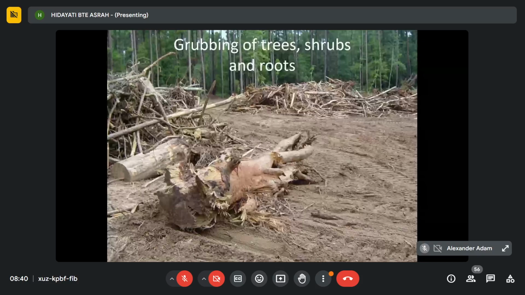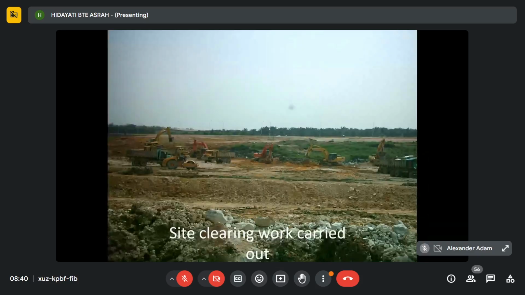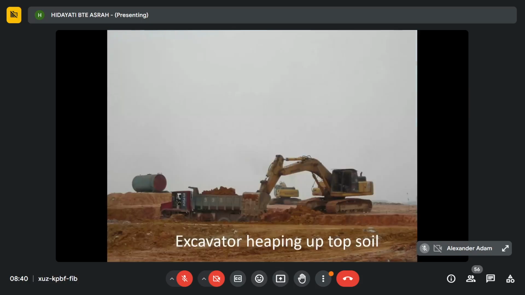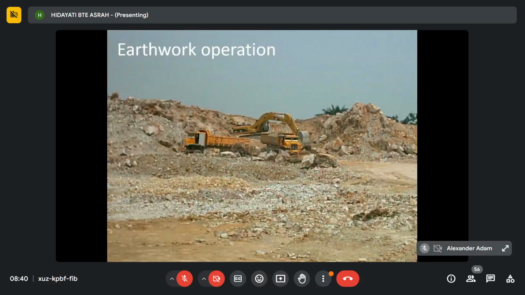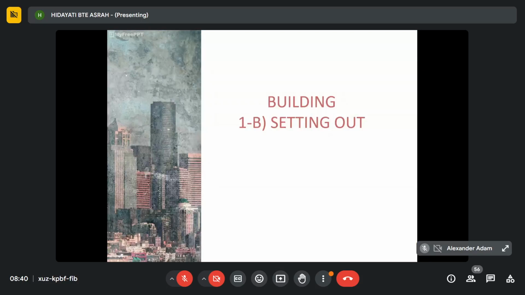Here they do the site clearing using machinery. And when they want to remove the topsoil, they use an excavator. This is another picture of earthwork operation.